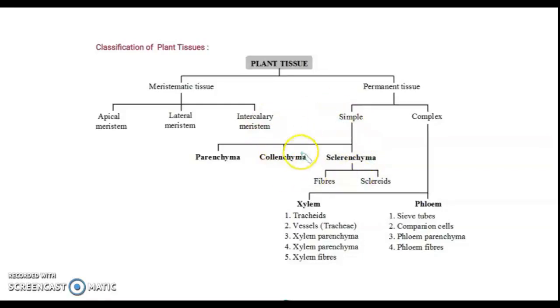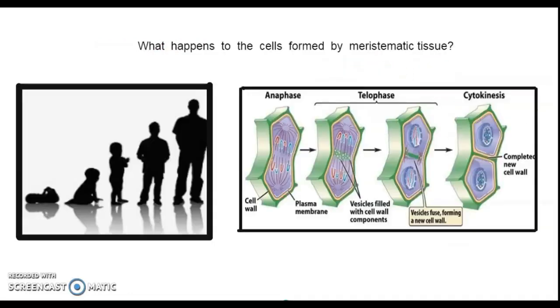Before heading towards simple permanent tissue and its classification, let's study about how a permanent tissue is formed. So, what can you see here? Yes, this is a cell which is dividing. So, what has happened over here is that the nucleus of a cell is getting divided.